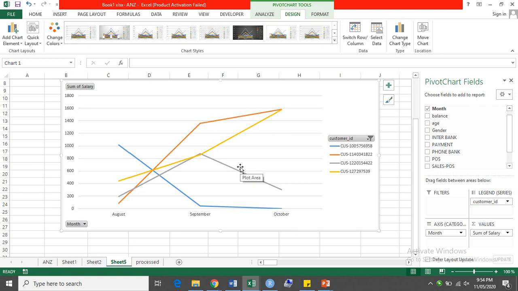These two show different trends altogether. So we can measure the trends of different customers, and in the second part our task would be to predict the salary for each customer. So let me take you through the raw data.